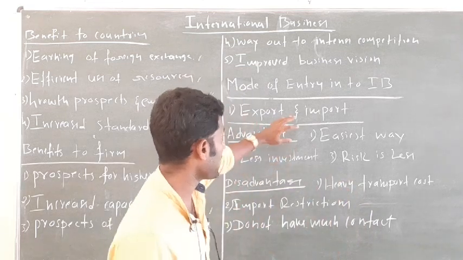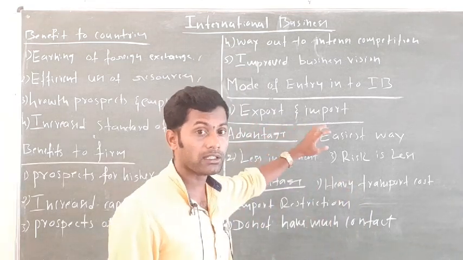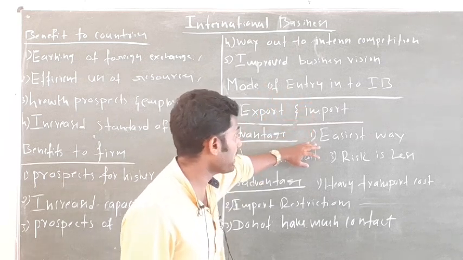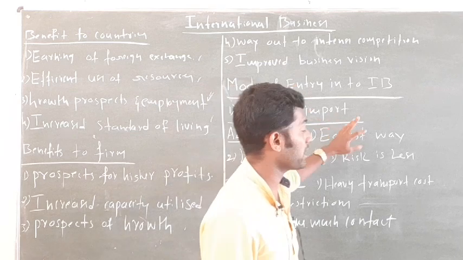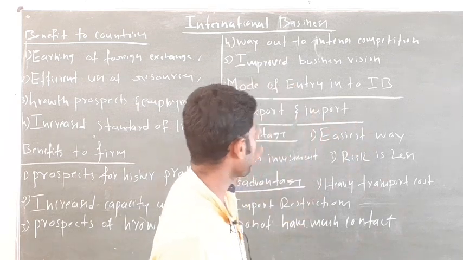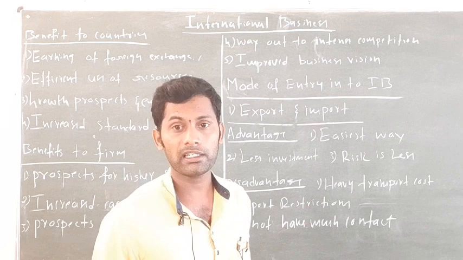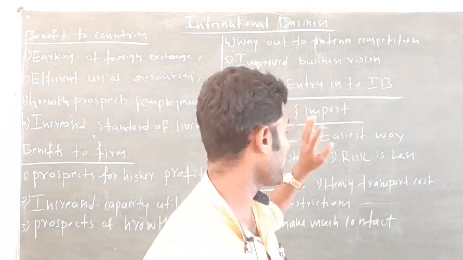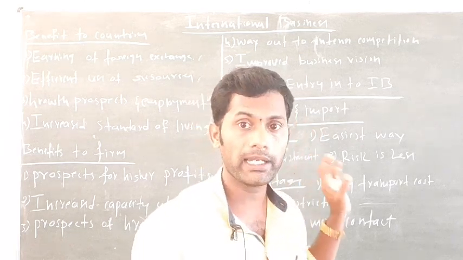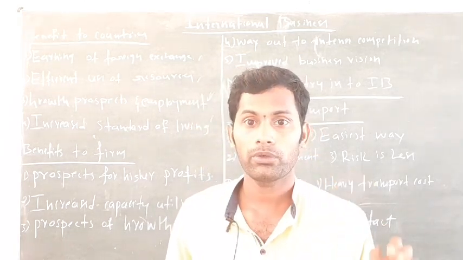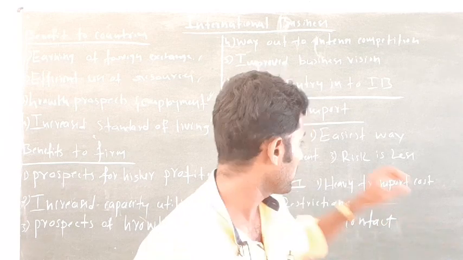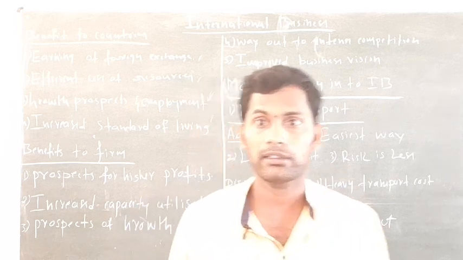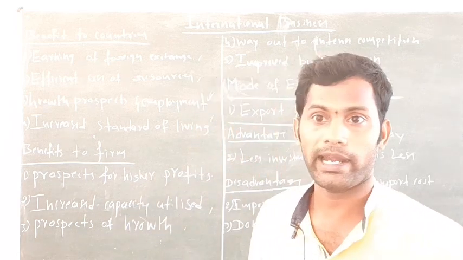So, when we compare export and import with the other 4 modes of entry, the entry into international business is very easy. Export and import is the easiest way to enter into international business. That is the first benefit or advantage of export and import.